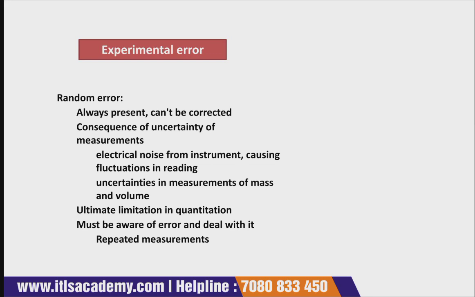Okay, so it may cause fluctuation in the reading. Then there are uncertainties in the experiment of mass and volume. This is again one thing that you cannot correct. Then there is an ultimate limitation in quantities. You must be aware of the error and deal with it, by repeated measurement.